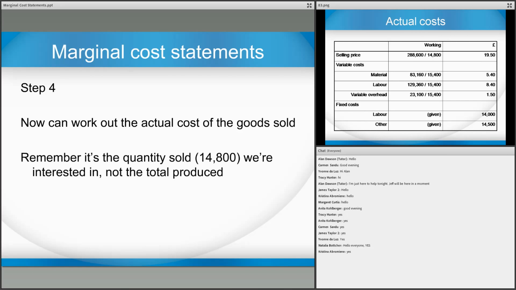What we can now do is work out how much of the costs incurred have gone into the products that we've sold. And it's 14,800 that we've sold, not 15,400. And I keep saying it, fixed costs stay the same. You probably get fed up of hearing that, but better to hear it now than read it in your feedback.